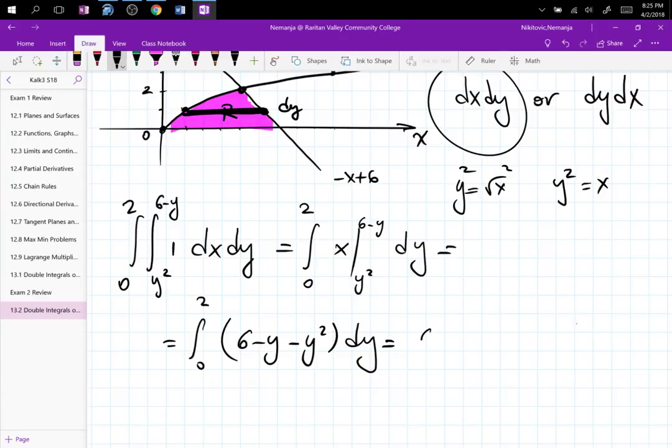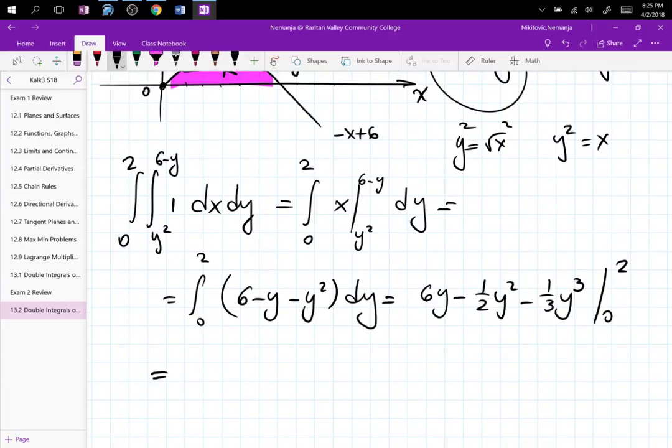Now integrate with respect to y: 6y minus 1/2 y squared minus 1/3 y cubed from 0 to 2. Again, we are not going to worry about 0 because we have a polynomial. So I have 12 minus half of 4 is 2 minus 8/3. So that's 10, 30, 22 over 3. 23 over 3.